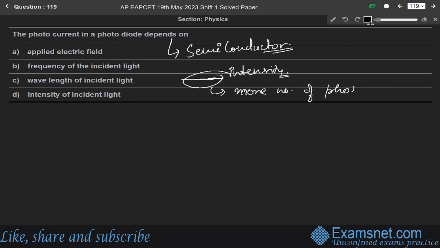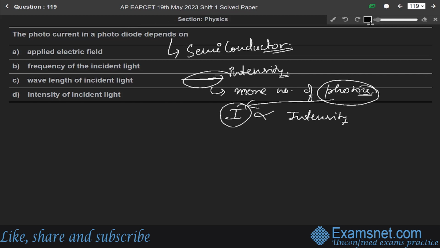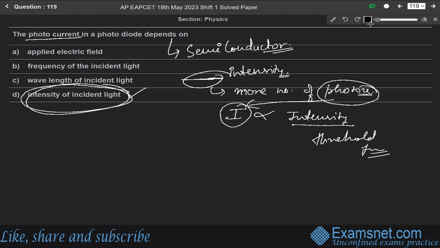Okay. So the photocurrent is directly proportional to the intensity. Maximum intensity means maximum number of photons, and maximum number of photons means maximum current. So the photocurrent is directly proportional to the intensity of light, provided the frequency is more than the threshold frequency. So the correct answer is option D, that is, the photocurrent depends on the intensity of the incident light.